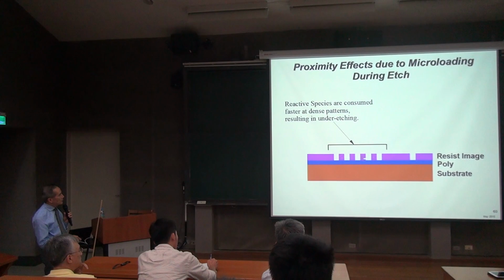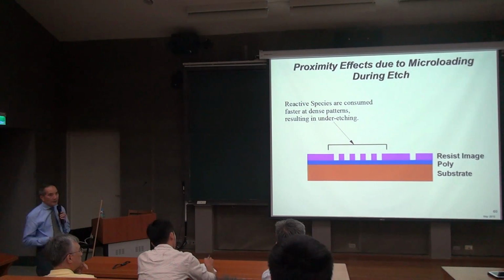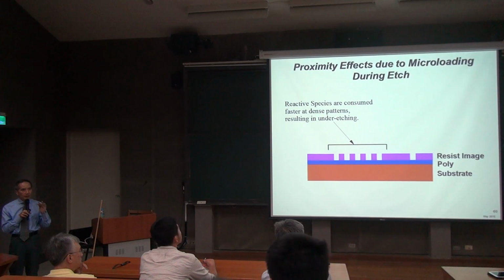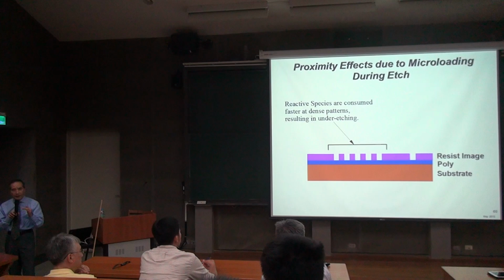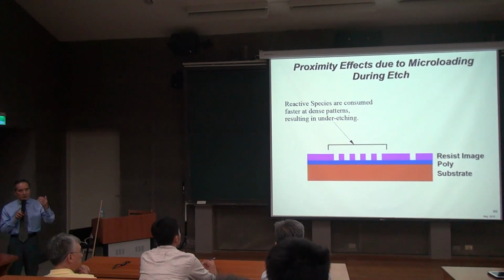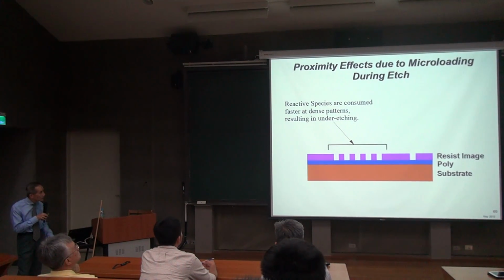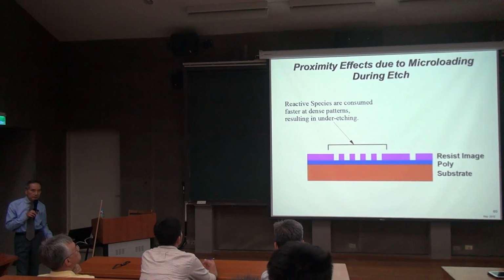So you etch slower here than there. That becomes a problem, because for etching you also have to do proximity correction, and etching is not as predictable as optical lithography. They don't have Maxwell equations in etching. Okay, so it's tough to correct all the way for etching. We're all using empirical means to proximity correct for etching.